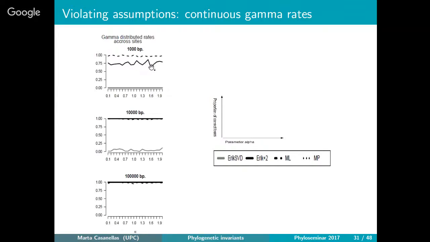This is ERIC+2, and this is maximum likelihood. And this is the original method of Ericsson. So compared to the original method of Ericsson, it is quite robust. This is for 1,000 sites, and when we get to 10,000 sites, it performs as well as maximum likelihood, even if this simulated data does not fit the general Markov model we were considering.